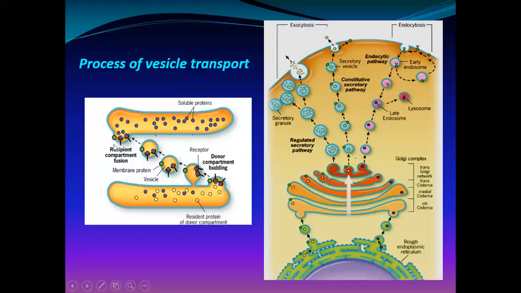The green color will be embedded in the membrane, and the soluble protein will be released into the lumen of that recipient compartment. So you can see this is how vesicle transport moves proteins from one compartment to another, right?